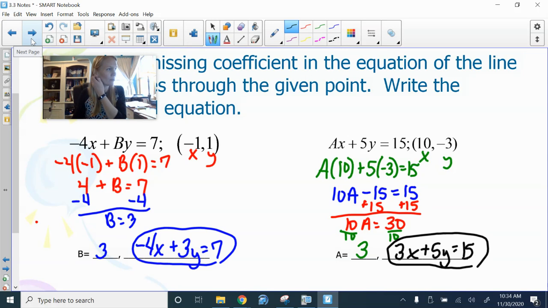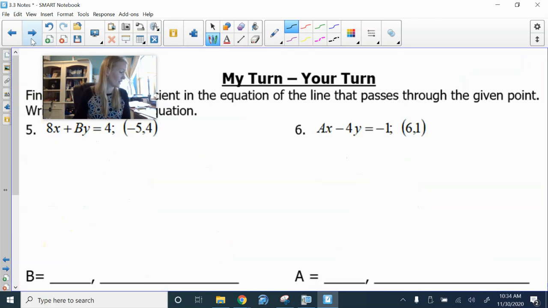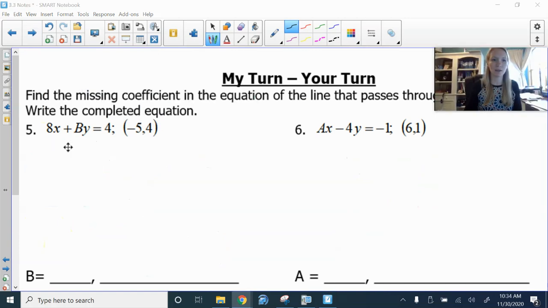So just to do a couple more of those real quick, doing our my turn, your turn, kind of the same deal. Let me move that out of the way. So I have 8x plus by equals 4, and I've got the point negative 5, 4. So again, remembering that here's our x, here's our y, and we're just going to plug it on in.